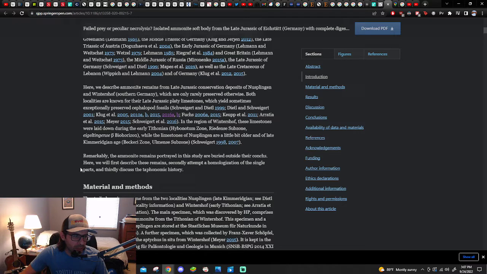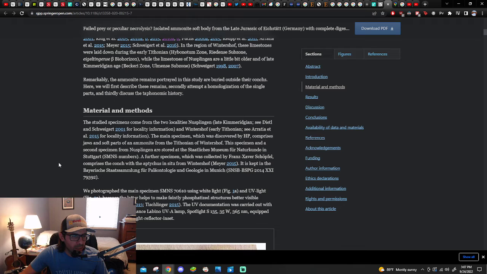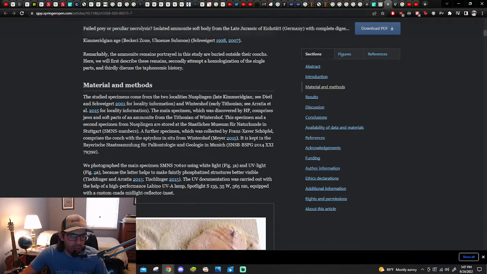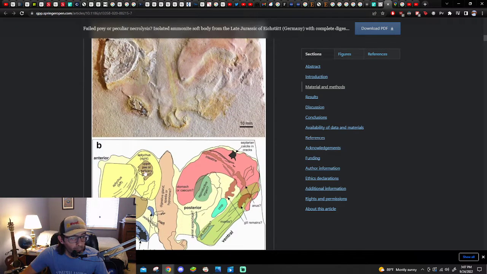So, thirdly, discuss. Okay. Main specimen, which was discovered by HP, whatever that is, comprises jaws and soft parts of an ammonite from the jaws. But then they have a question mark, dude.